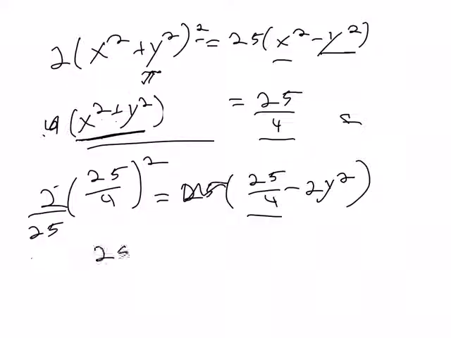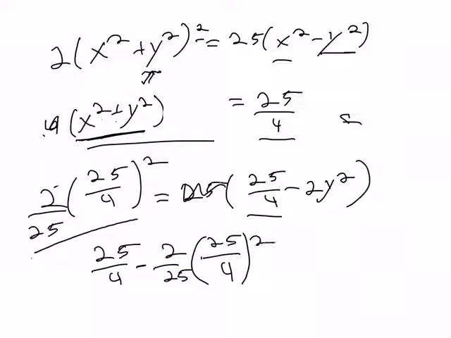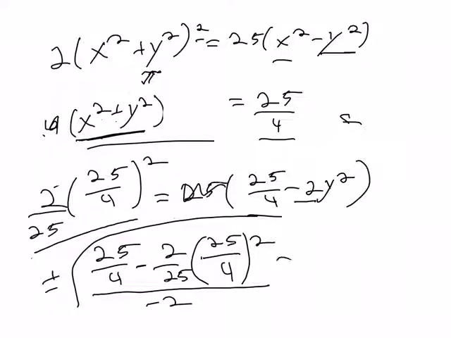I have 25 over 4 minus this. And I'm not going to think about what the square does. 25 over 4 squared. And then I'm going to divide all this by that negative 2, and I'm going to take the square root plus or minus, and that's equal to y.